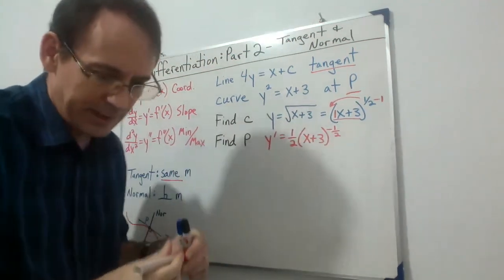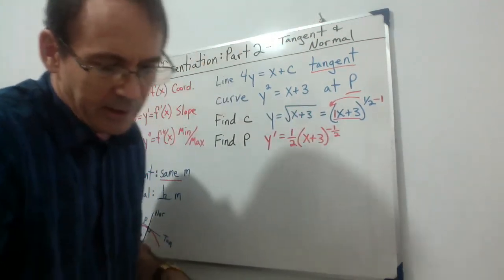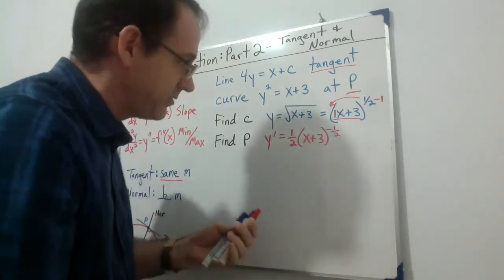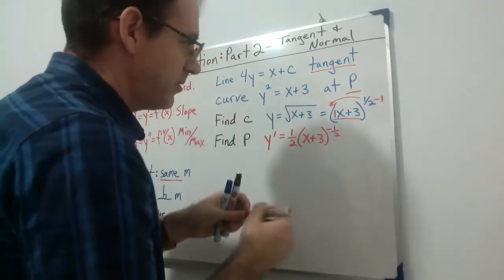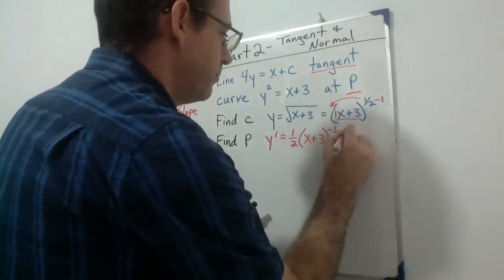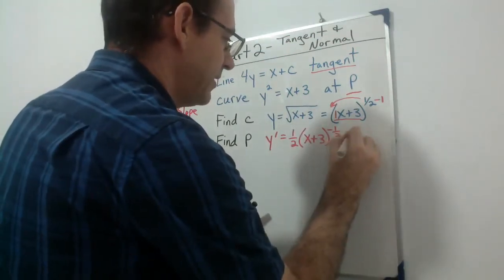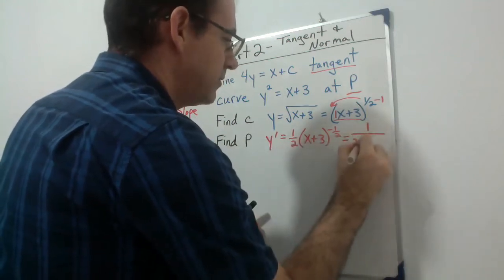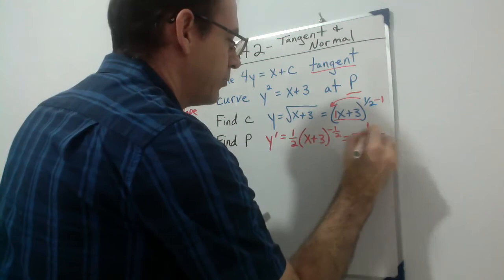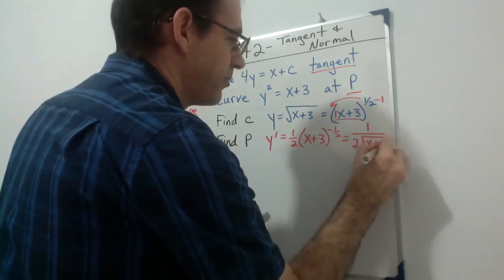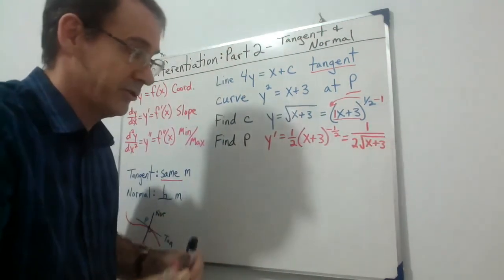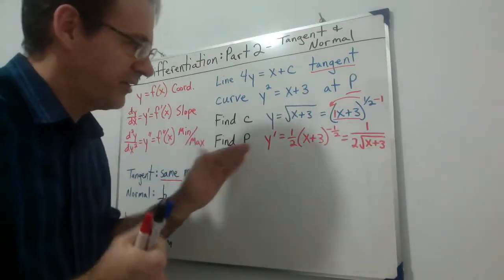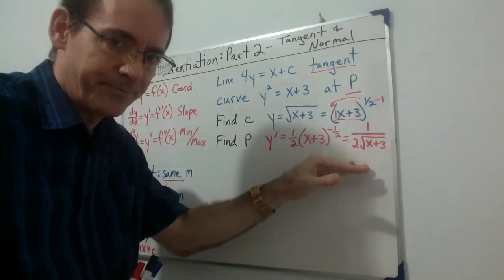So now we could write it so that it looks a little bit better. For example, this could equal 1/2 times the square root of x plus 3, if we wanted to.